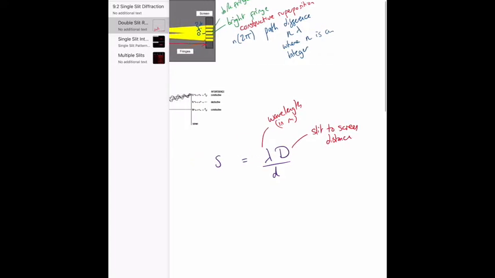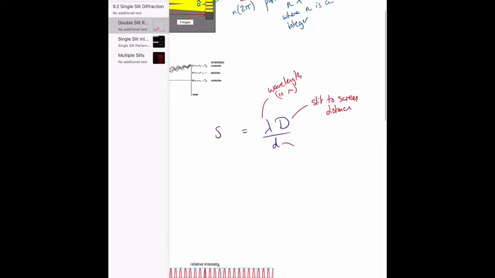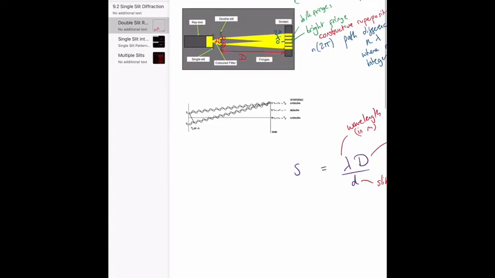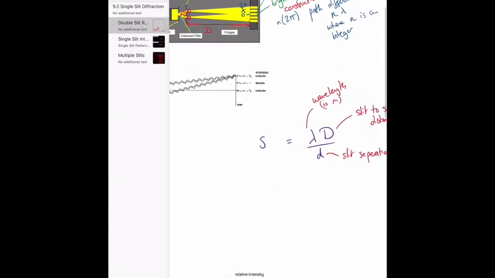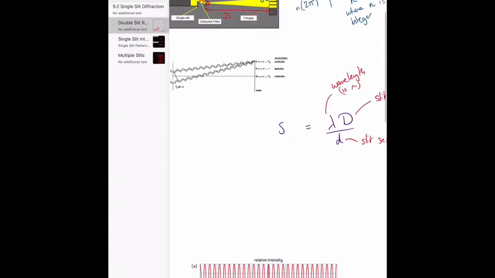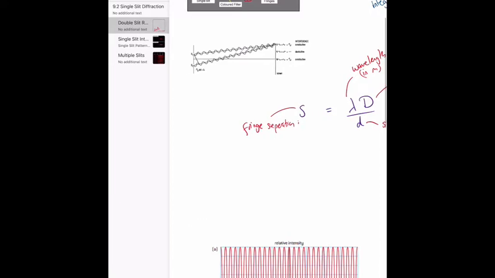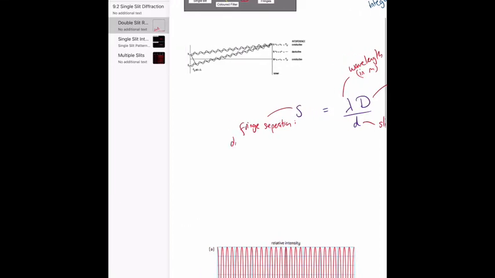Small d is your slit separation, the distance between those two slits. Lastly, s here is what we call the fringe separation, that's the distance from one bright fringe to the next.